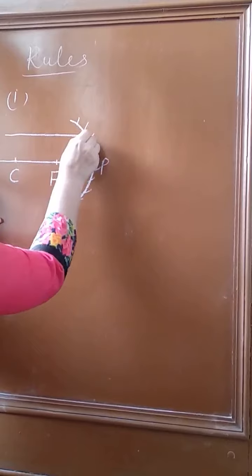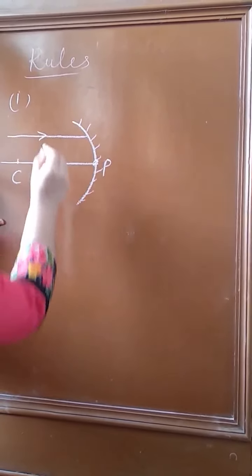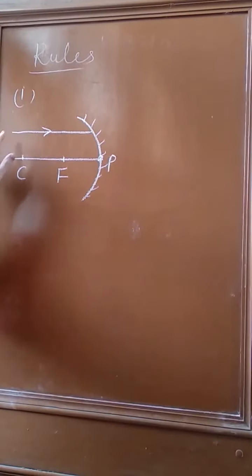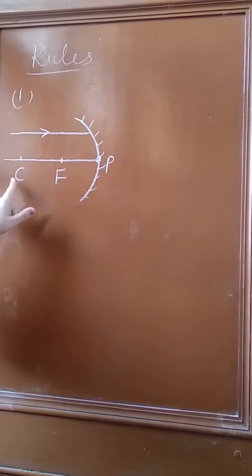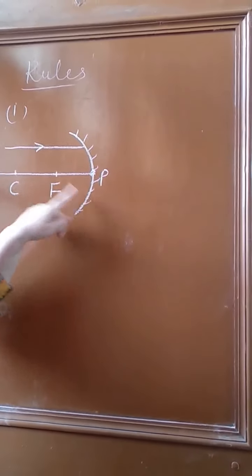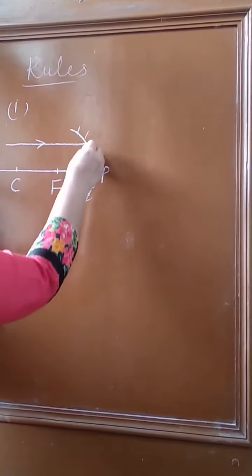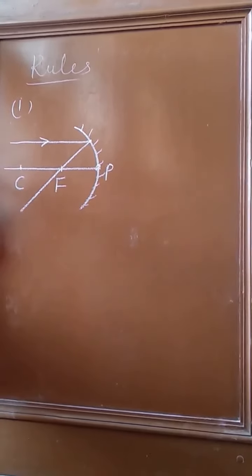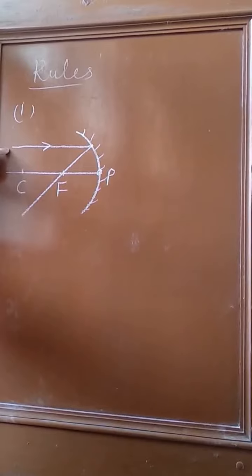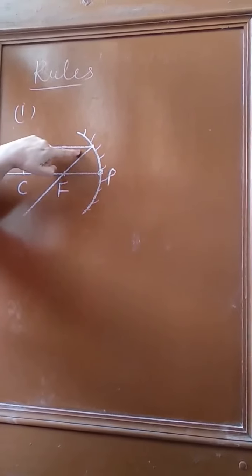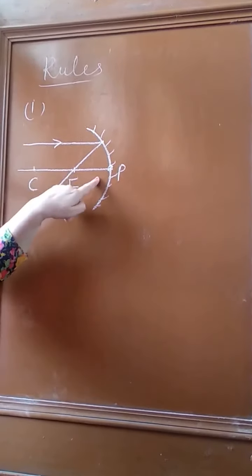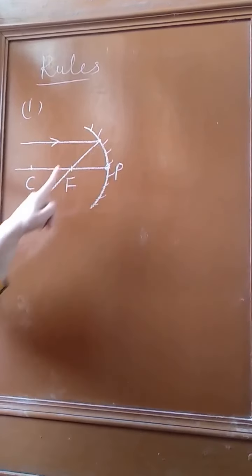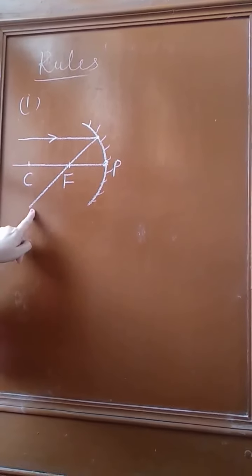The first rule is when a ray incident parallel to the principal axis on the mirror, after reflection from the mirror it passes through the focus.